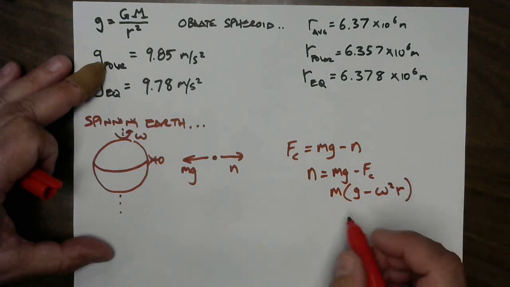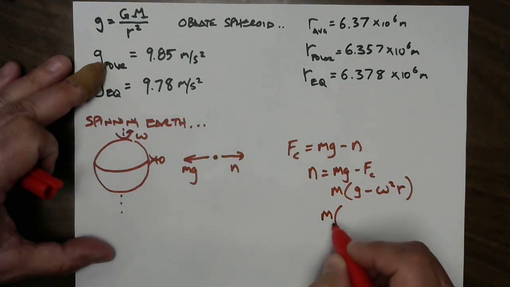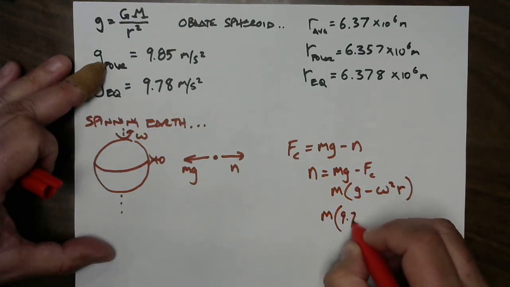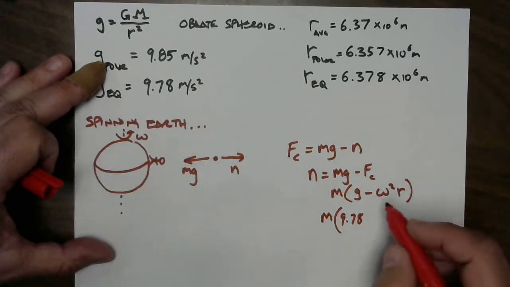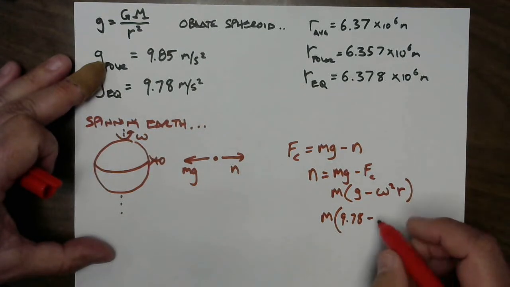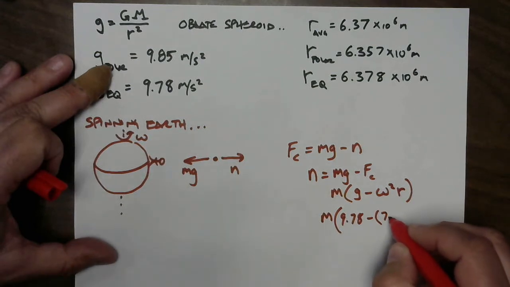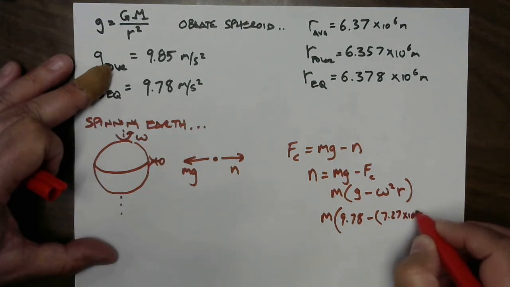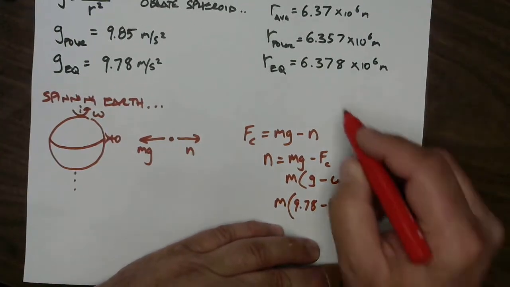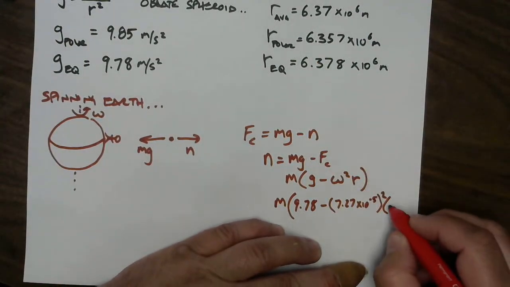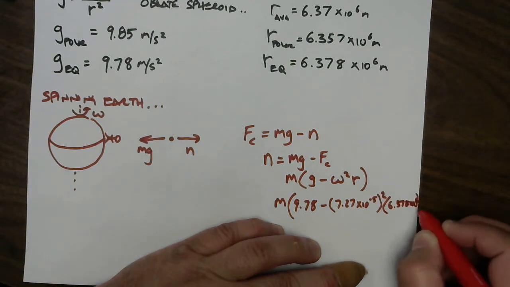So if you were to actually do this, you would have your mass times 9.78, because that's the equatorial acceleration due to gravity, minus, now this is the tough part, we worked this out in a homework problem, and I looked it up, 7.27 times 10 to the minus 5, quantity squared, and then that equatorial radius, 6.378 times 10 to the 6.